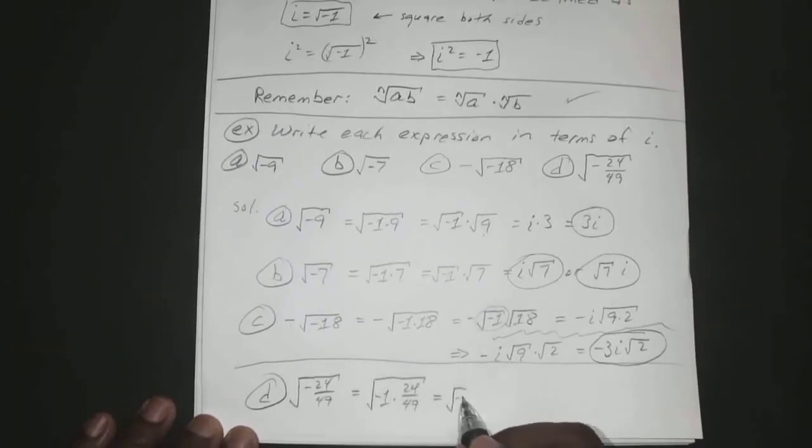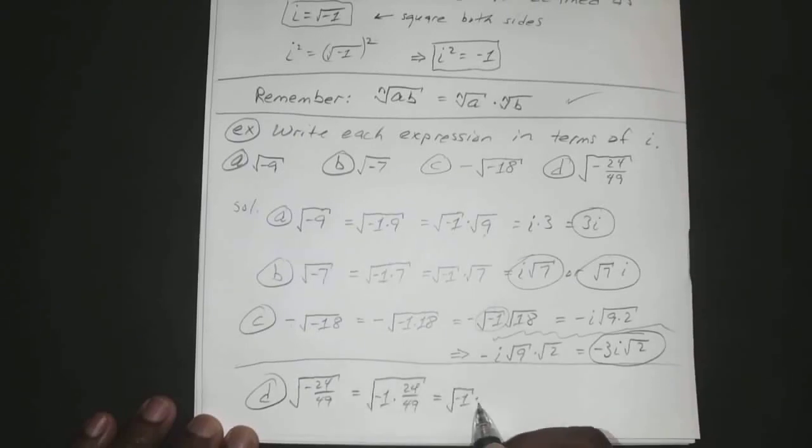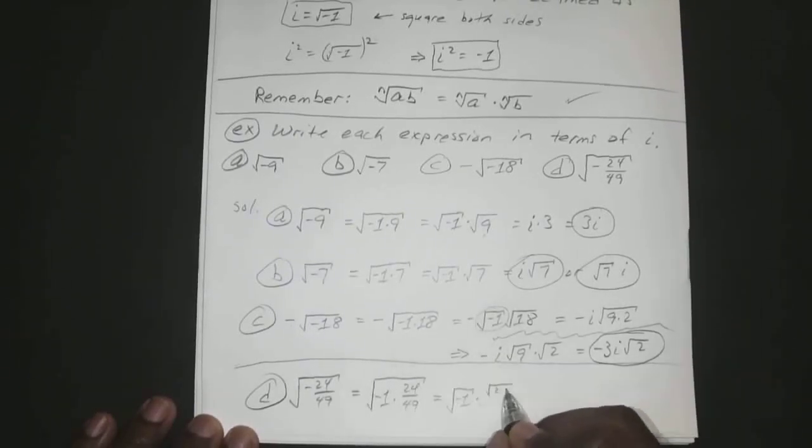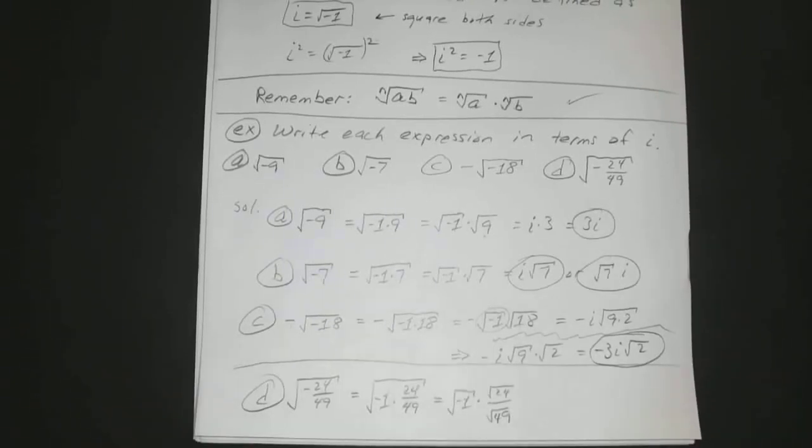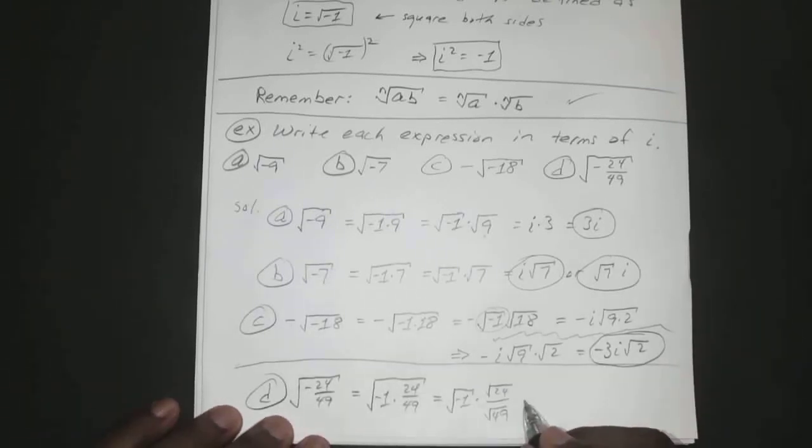So you have the square root of -1. And the square root of 24/49 can just be the square root of 24 over the square root of 49. Okay, that square root of -1 just becomes i.